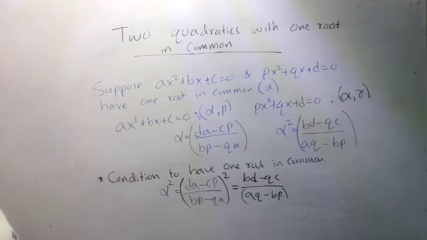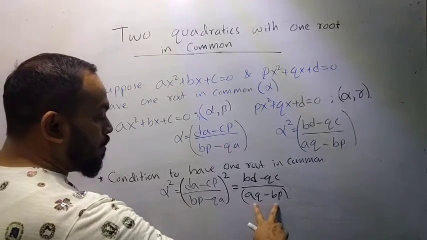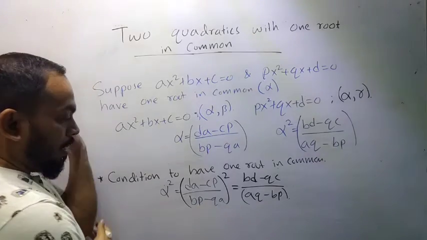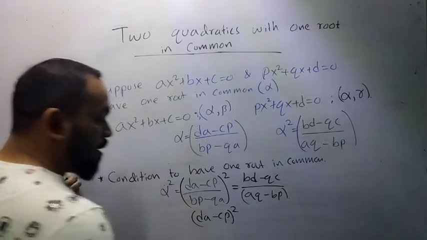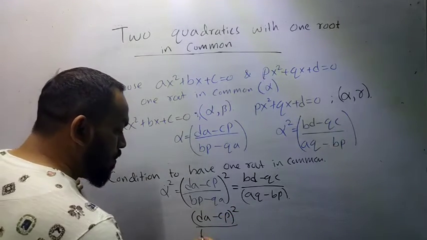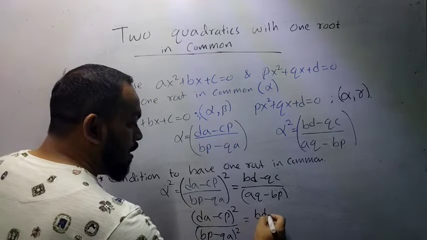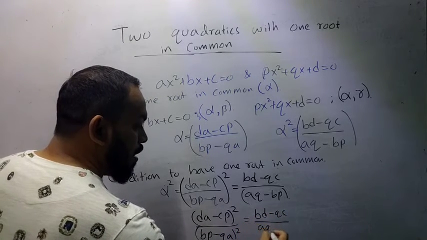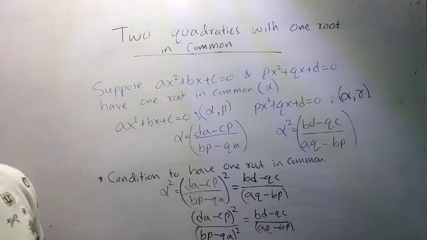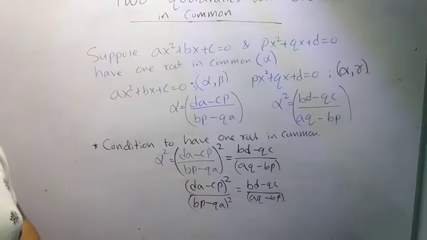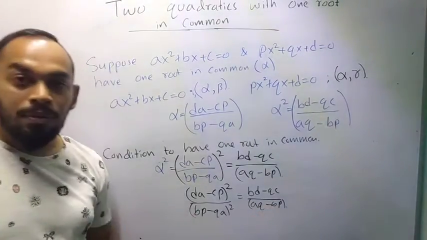So now I can see here that we have Bp minus Qa, and this is Aq minus Bp. So I can write it like that: dA minus Cp squared, this one is Bp minus Qa squared, equals Bd minus Qc over Aq minus Bp. You can see that this is Bp minus Qa, this is Aq minus Bp.